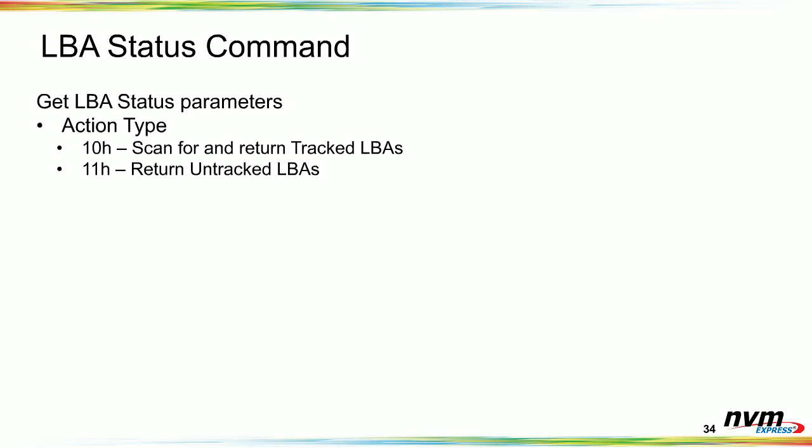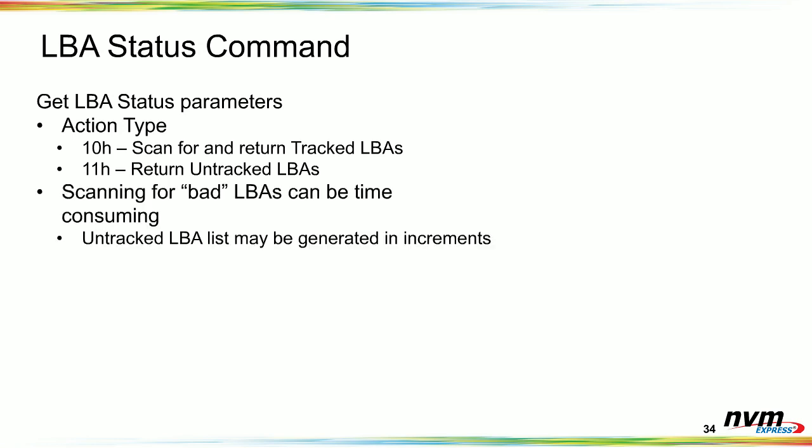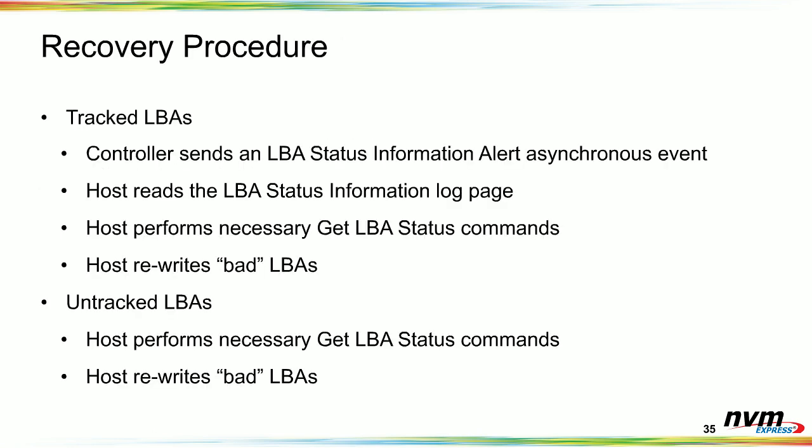The scan is the thing that may take time. The host may ask you just to scan a small portion of the drive, or a small portion of the LBA range at a given point in time, to limit how much time it takes to do that. So the untracked LBA list may be generated in increments, and the host can ask for segments of that.